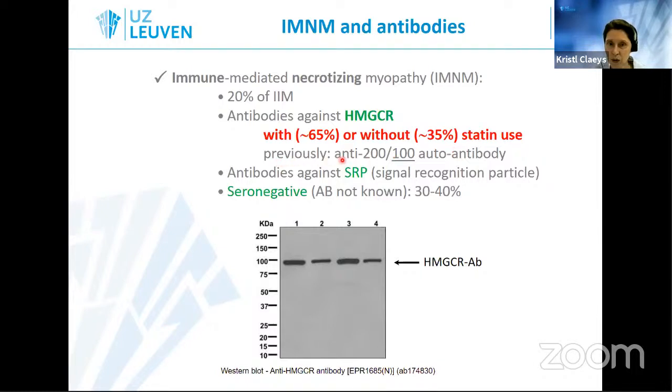Previously, this antibody was called anti-200 autoantibody, and you can see the band here at around 100 kilodalton. That's the protein, and now it is called anti-HMG-CR antibody.